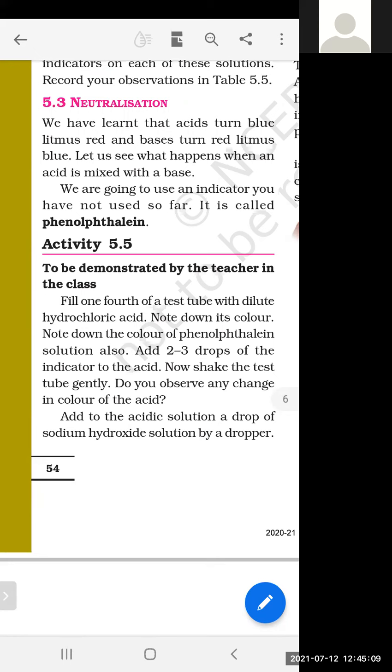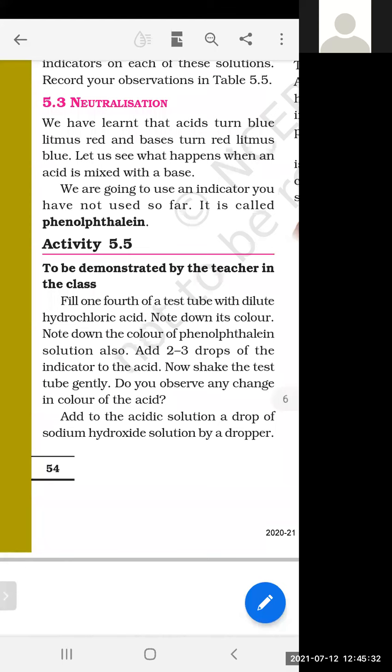They will cancel their effect. Acid will cancel the effect of base and base will cancel the effect of acid. Then a new substance will form, and the new substance will be a neutral substance. This type of reaction is known as a neutralization reaction, or simply neutralization.